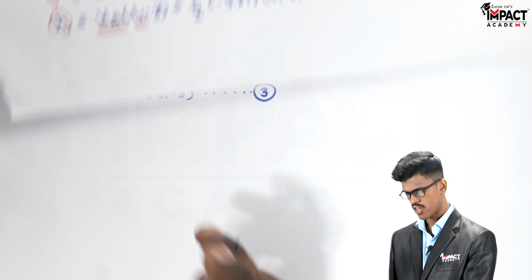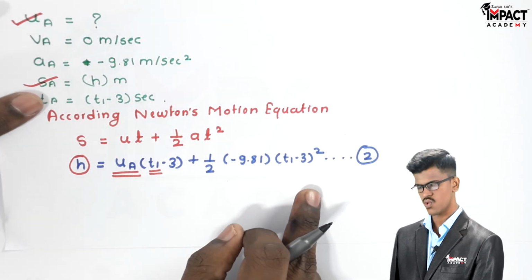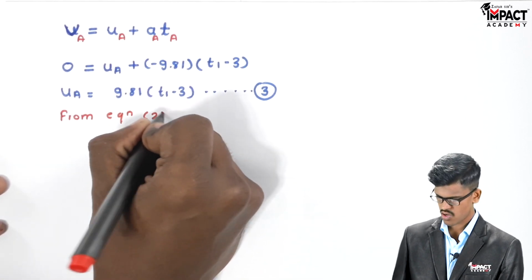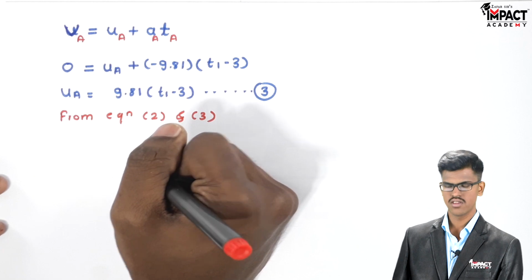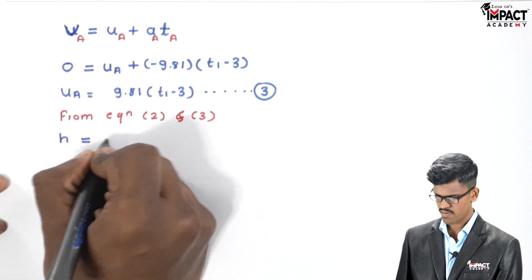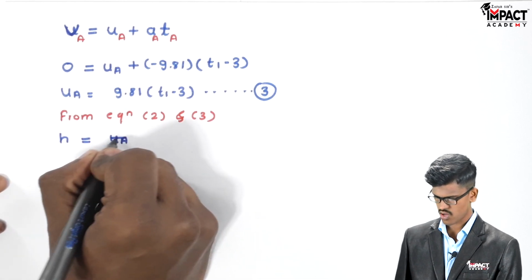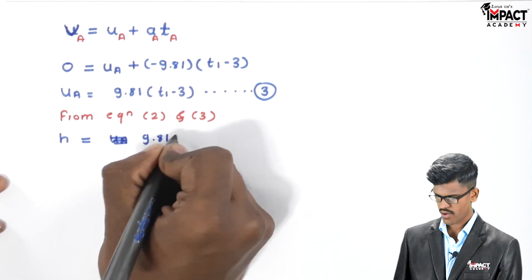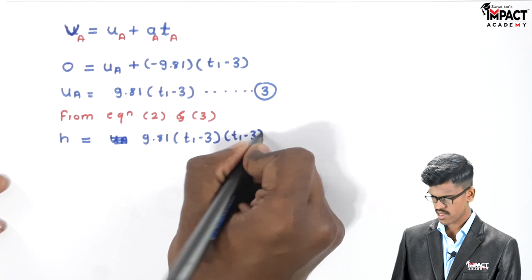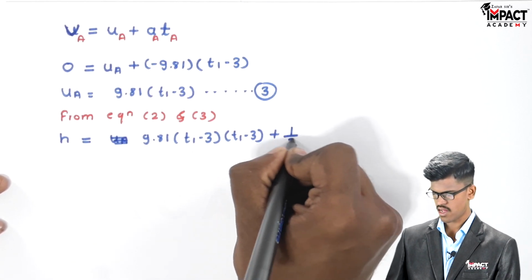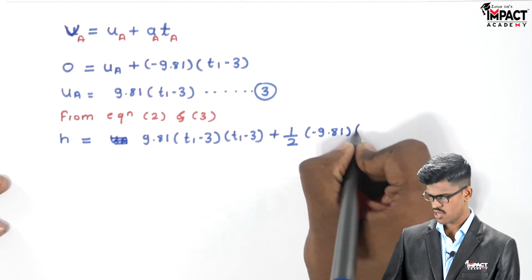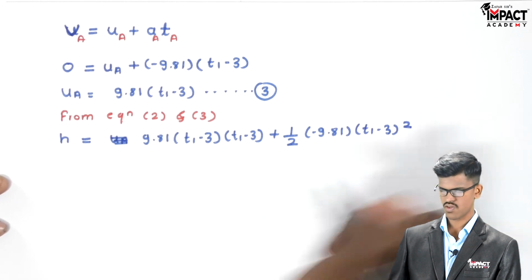If I substitute equation number 3 in equation number 2, from equations 2 and 3 we get h is equal to 9.81 into t1 minus 3 into t1 minus 3, plus half into minus 9.81 into t1 minus 3 square.